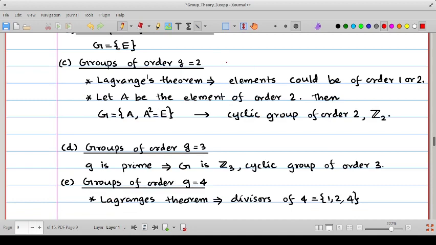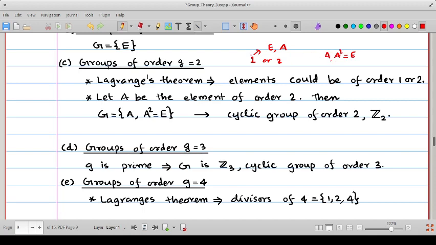From Lagrange's theorem, we know that the order of the element should be either 1 or 2 because they are the divisors of the order of the group. So the element of order 1 is E, and we can have one more element, and that element should have order 2. So we write it as A. Now the elements generated by taking powers of A are A square and so on, but A square is equal to E because it is of order 2.